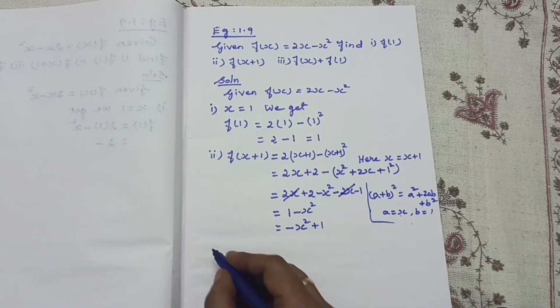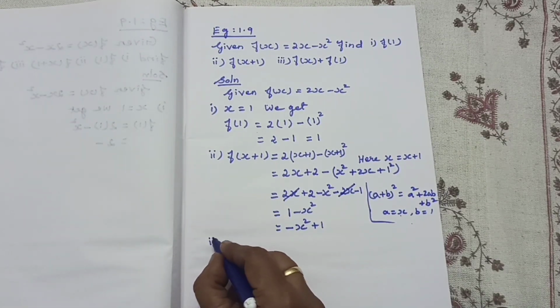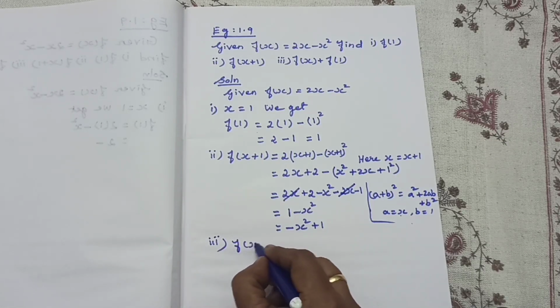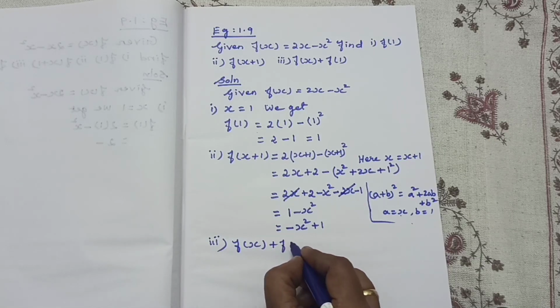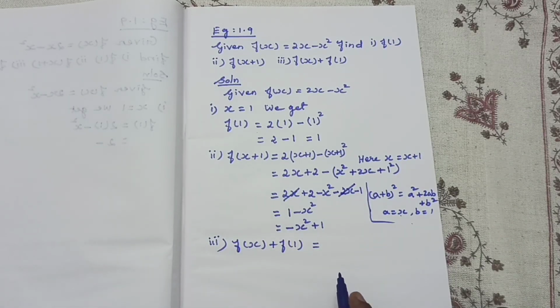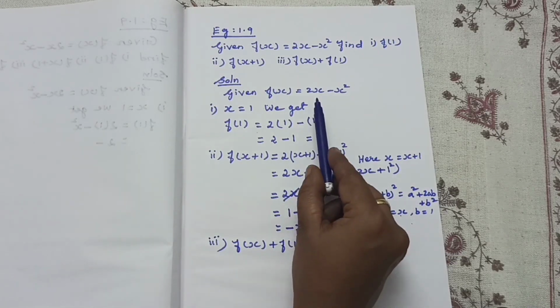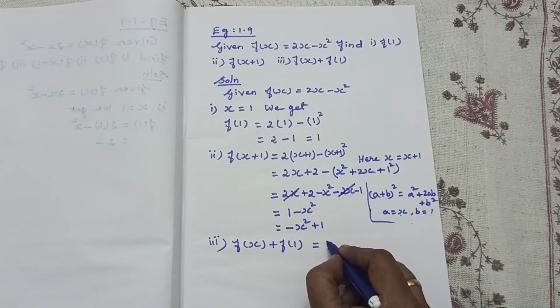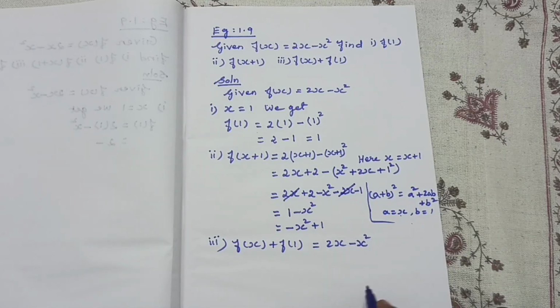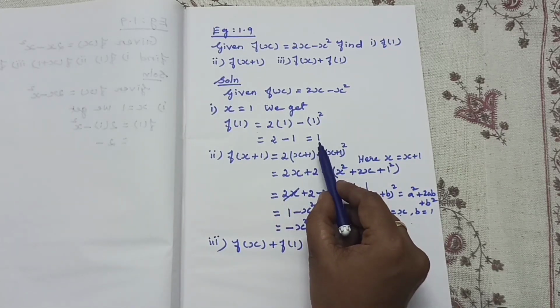And third solution is f of x plus f of 1 is equal to f of x function is here given, isn't it? 2x minus x square. Then plus f of 1, what's the value? F of 1, here already we got the answer, 1, isn't it?